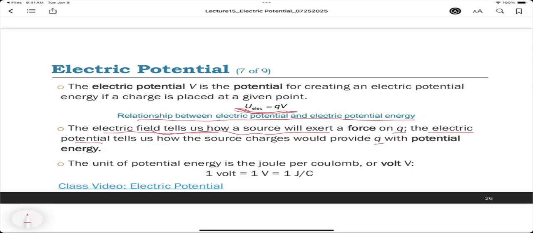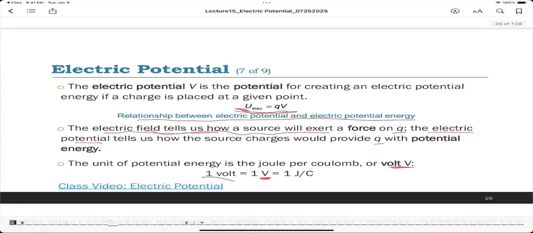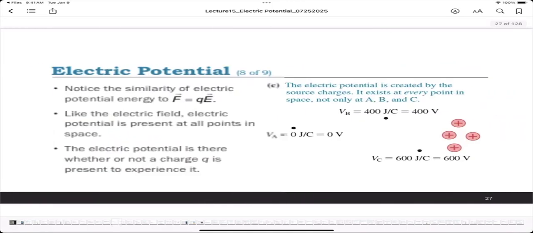The unit of electrical potential is joule per coulomb, or volt. We can write volt as V equal 1 joule per coulomb. That makes sense too. There is a class video for electric potential that you can review.